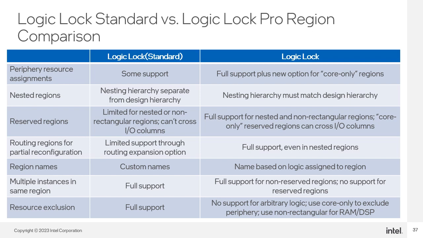Also, reserved Logic Lock standard regions cannot cross I/O columns in Intel Arria 10 devices, requiring the region to be split. These limitations are removed in the Pro Edition. If the core-only option is enabled, a reserved Logic Lock region can cross the I/O columns without affecting any periphery logic. Another feature is the ability to set a region as a routing region. The routing region must encompass the existing Logic Lock placement region.